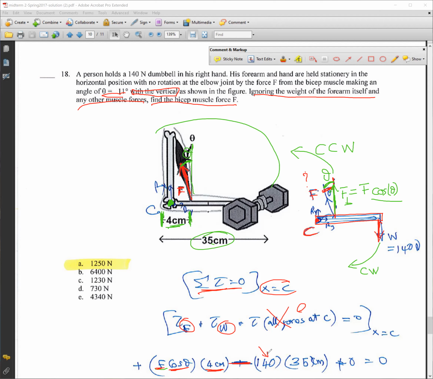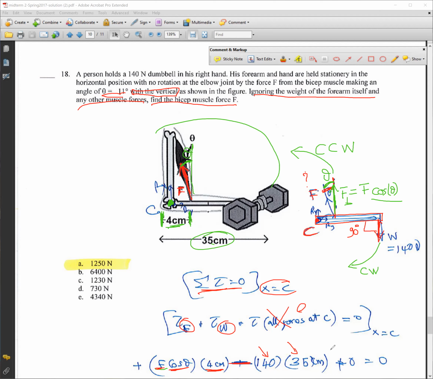This is the weight, directly given in newtons, 140 newtons, multiplied by 35. And the angle is 90 degrees between the force and the arm of this lever system.